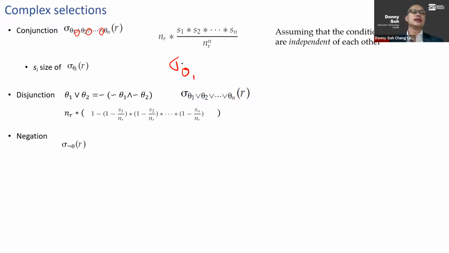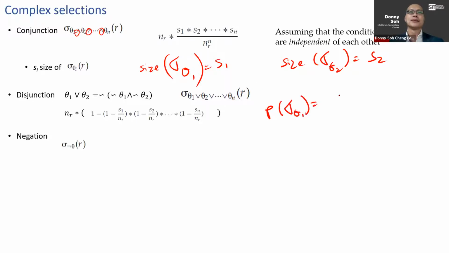We assume that the size of this is S1, and the size of theta 2 is S2. Okay. And so if we have the size there, the probability of theta 1 being selected is going to be S1 divided by n. And the probability of theta 2 being selected is equals to S2 divided by n.